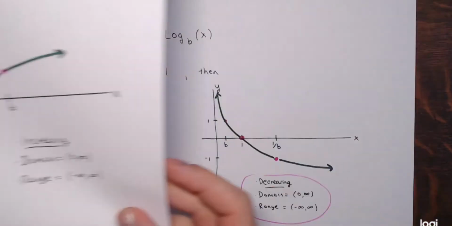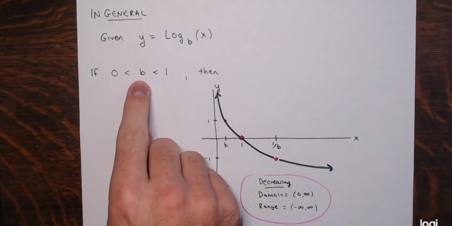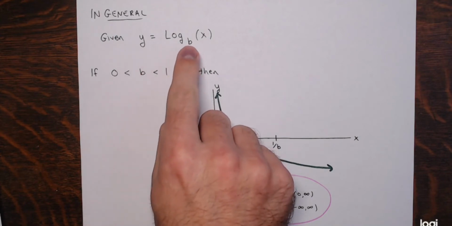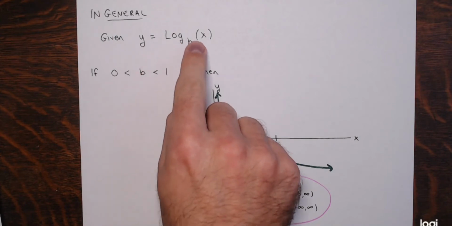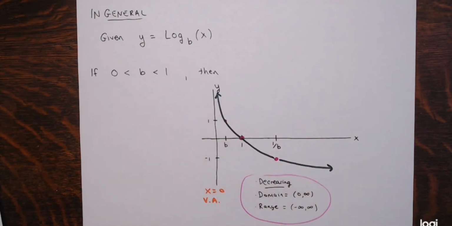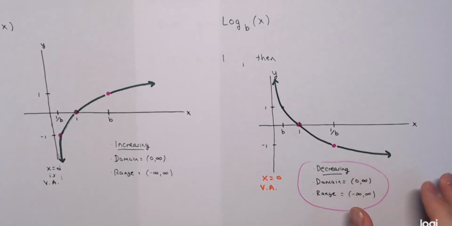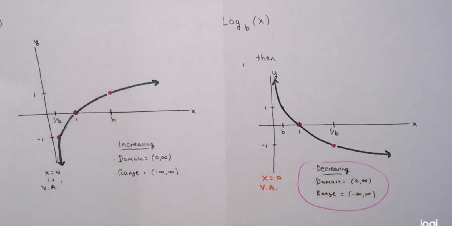And when the base is less than 1, but still positive, for these basic log functions, y equals the log base b of just x, it's a decreasing function. Domain for both, domain is positive numbers, range is all real numbers. Okay. I'm hoping that that's what you take away from these examples.